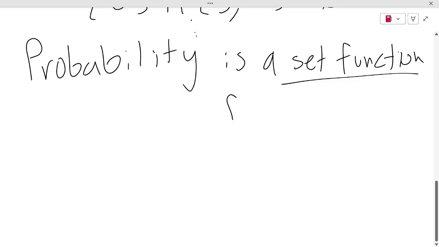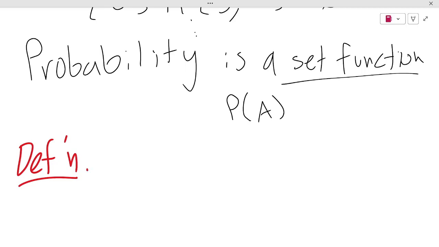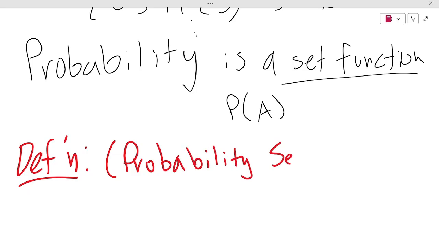We also denote it as the probability, in red, probability of some event A. Let's get more specific with our definition. Okay, and we're defining a probability set function.